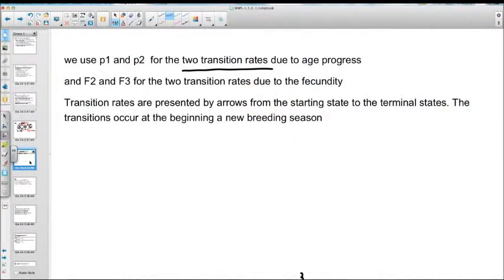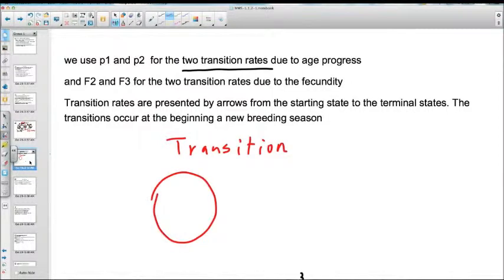And now we can go to a little more detail. So what is a transition? A transition is usually connected to 2 states.